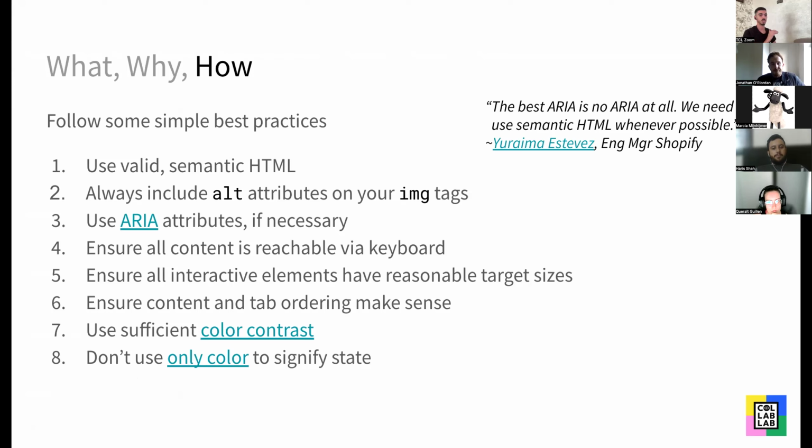You shouldn't use only color, for example green for purchased and red for not purchased, because people who can't see the colors won't know what state the item is in. You may want to use text or an icon or something like that. So this is a general idea of points on how you can make your website accessible.